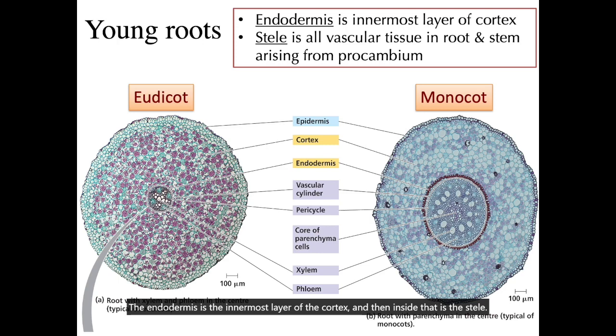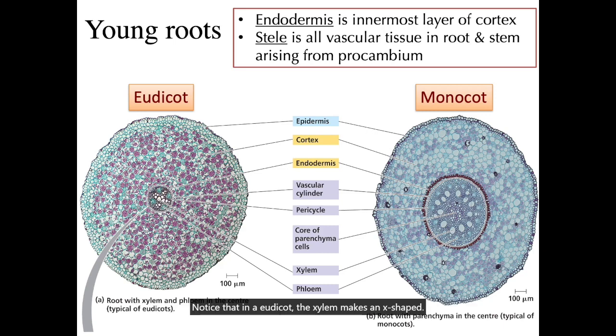The endodermis is the innermost layer of the cortex. And then inside that is the stele. The stele is all the vascular tissue in the root and in the stem, and it arises from the procambium. There's xylem, there's phloem, and that occurs inside the stele, which is surrounded by the endodermis.